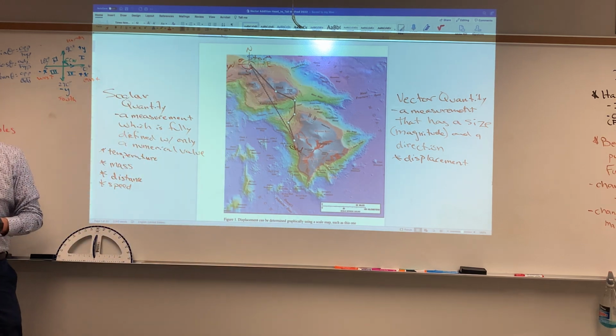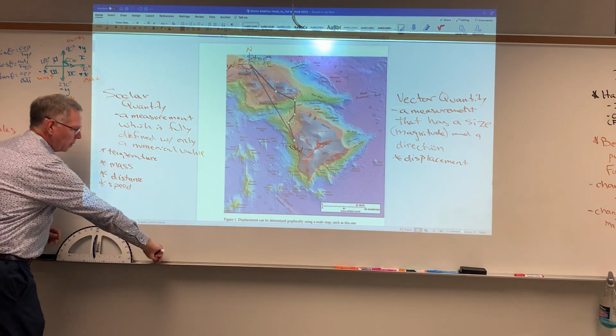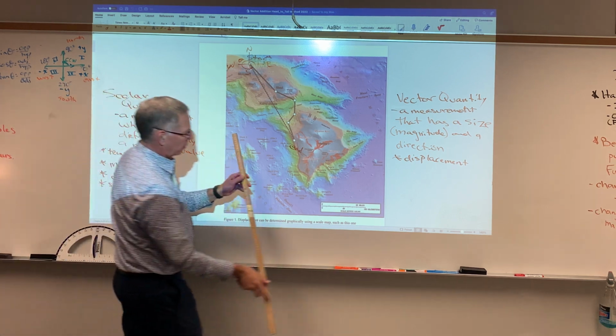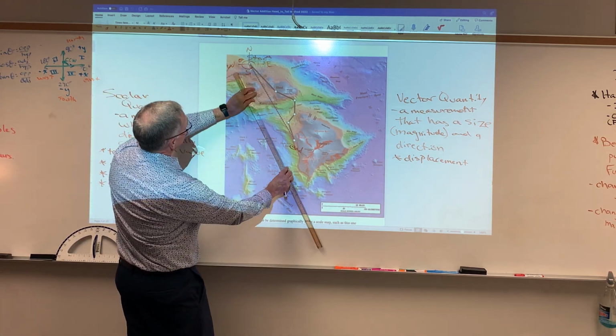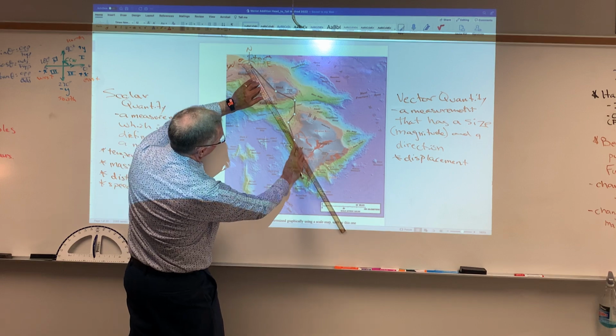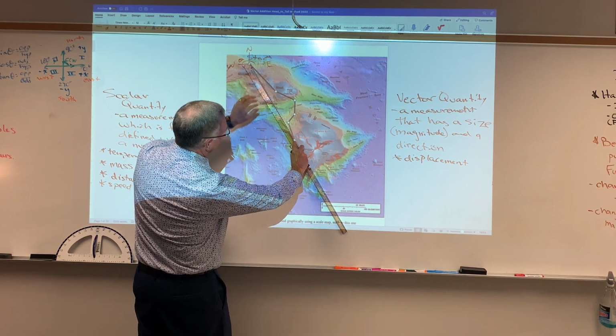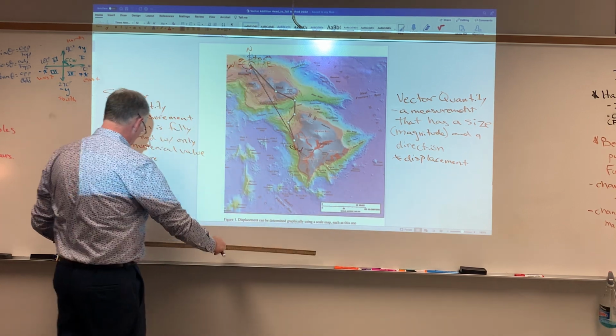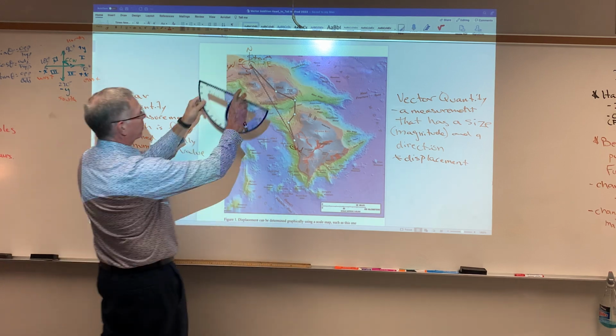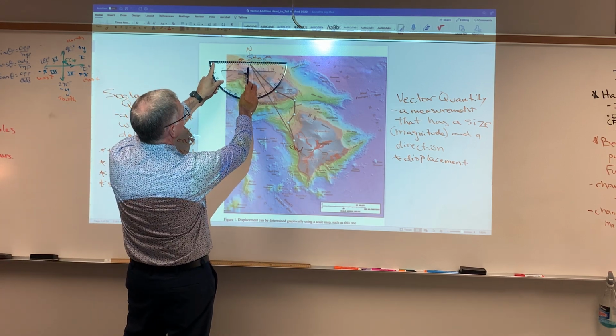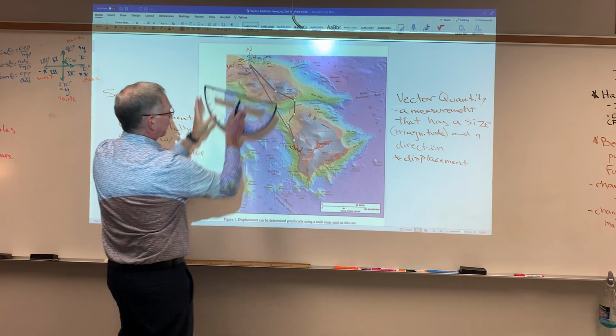That would be my direction. So how far would be, use the scale down here, measure how far they've traveled, okay? Use the protractor, measure that angle, all right?